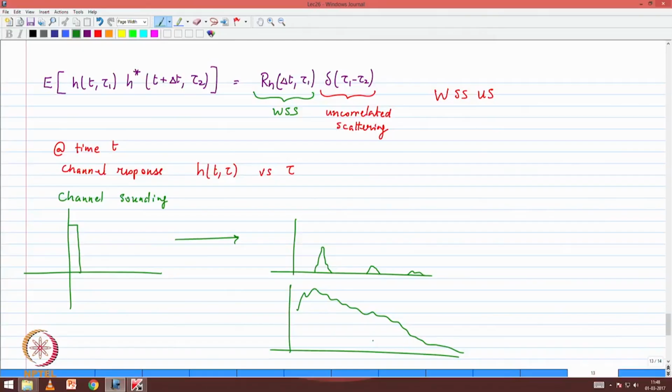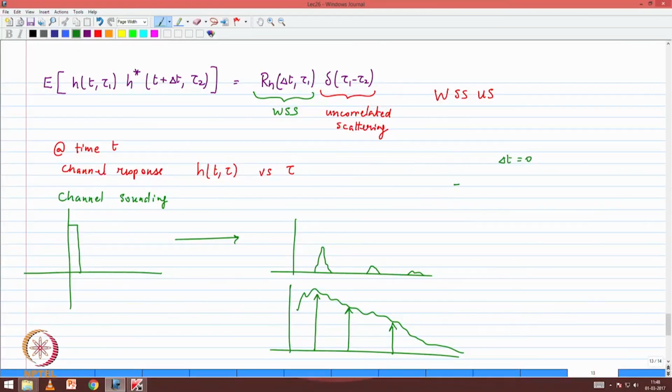So as time goes, the effect of the pulse will decay. You can think of it as a continuous profile of the received power, or you can think of it as a discretized model of this, which is the description in the tau dimension. So what is it that we are interested in? We are going to set delta t equal to 0.